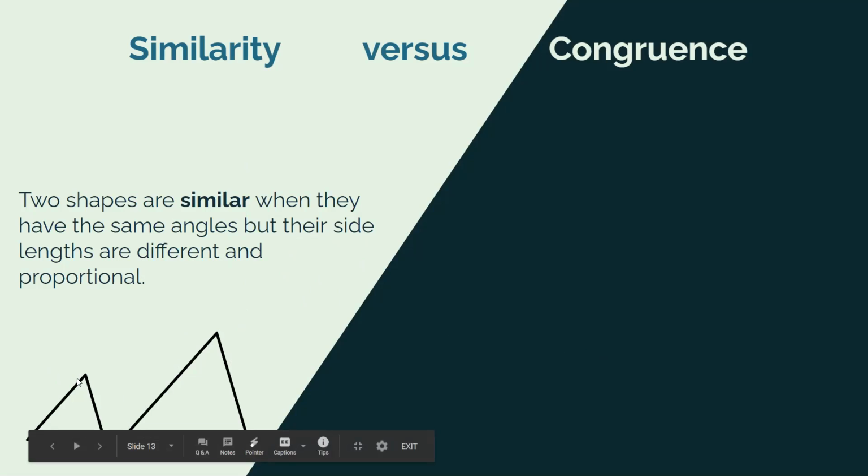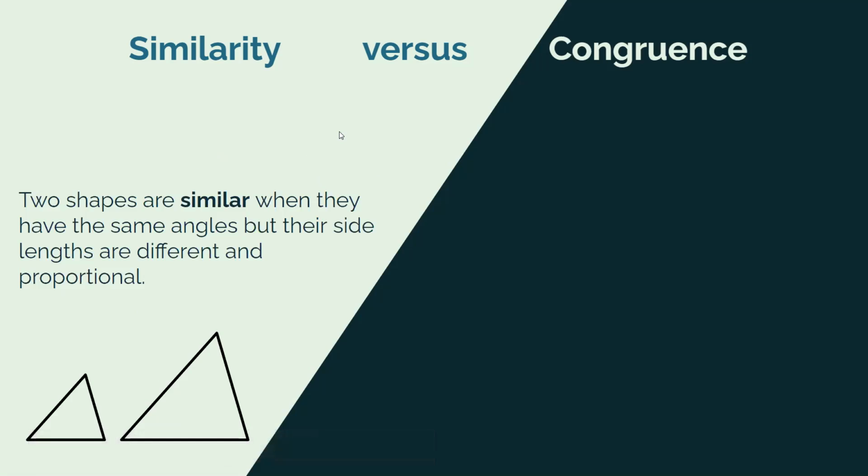If you measure the angles of these triangles, you would find that all the corresponding angles are the same. In other words, this angle would be the same as this angle, and this angle would be the same as this angle, and so on. That's also the definition of similarity. The lengths of the sides are proportional, so they would be in the same ratio.